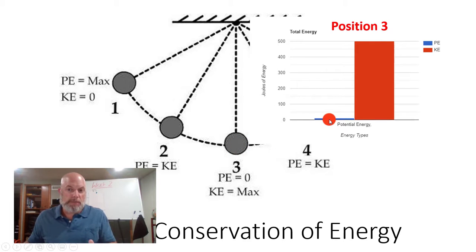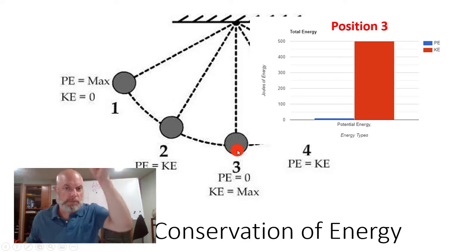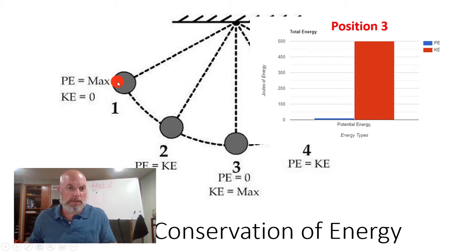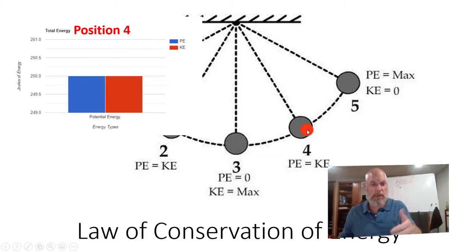No potential energy, right? We know there really is because it's hanging, but in terms of our system here, it would just be hanging and not falling anymore. So you provided the potential energy in pulling it up there, or he did in this case. And so all of that potential energy has run out, and it's converted all into kinetic energy, and now it's swinging back up the other side. It's just a repeat.